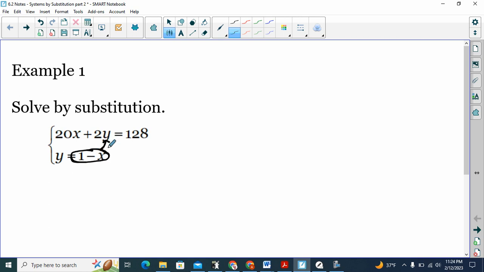Those two things are equal to each other, so we're rewriting this top equation, 20x plus 2y equals 128.